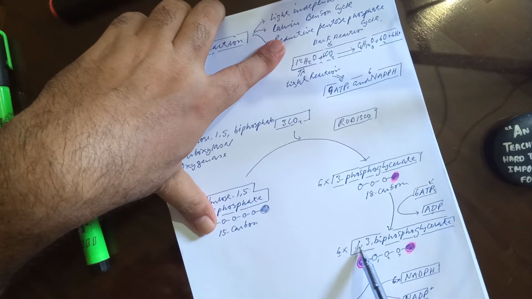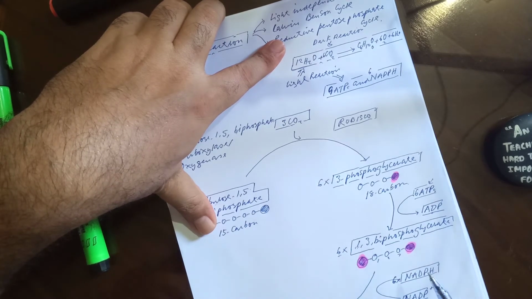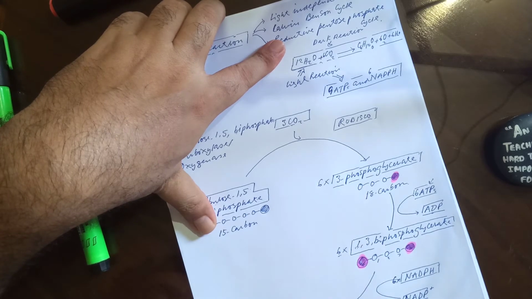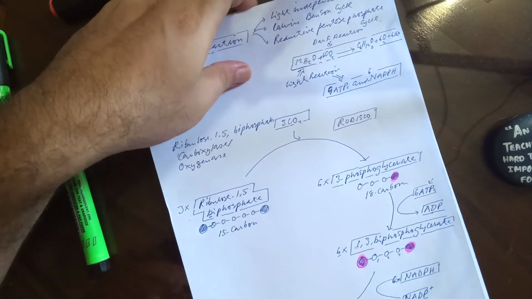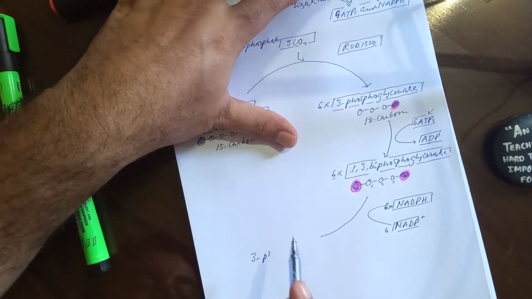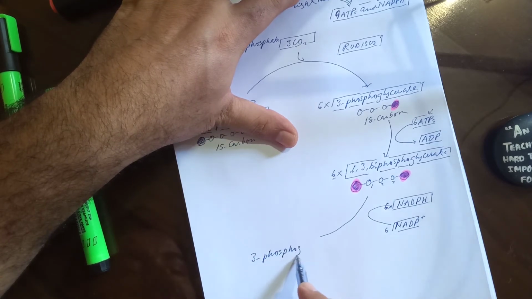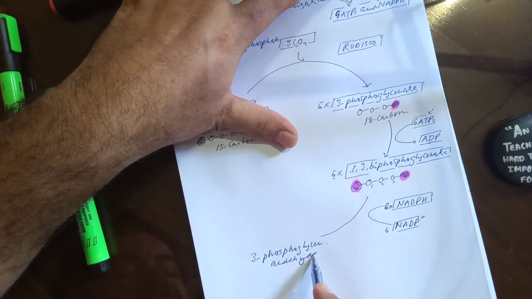Now you see you have 1,3. You have a phosphate group on the first carbon, and you have a phosphate group on the third carbon. But what you have next is a compound called 3-phosphoglyceraldehyde. Is it visible to you? No, it's not. Yes, now.